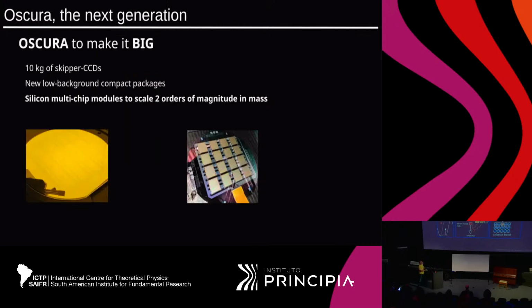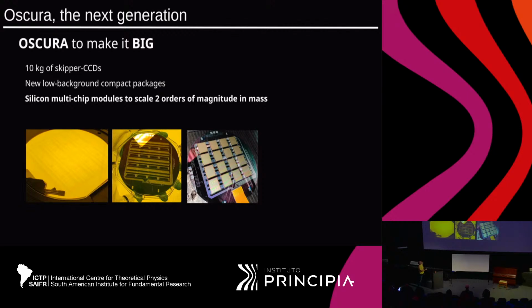Okay? And this is my last slide. This is what's coming next. This is the future. So far, the only results that have been published for skipper CCDs have been coming from 2 experiments. One is Sensei, and the other one is DAMIC-M, that uses the same technology, the same detectors.